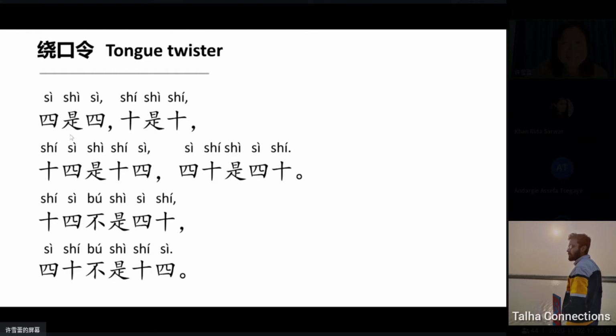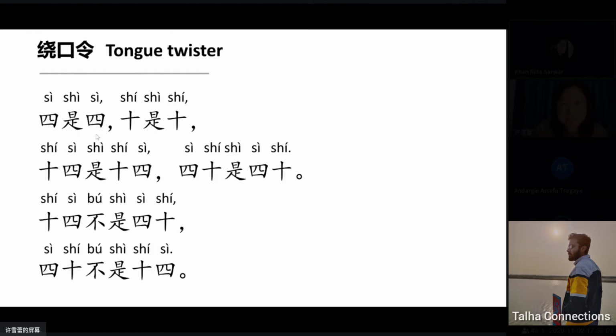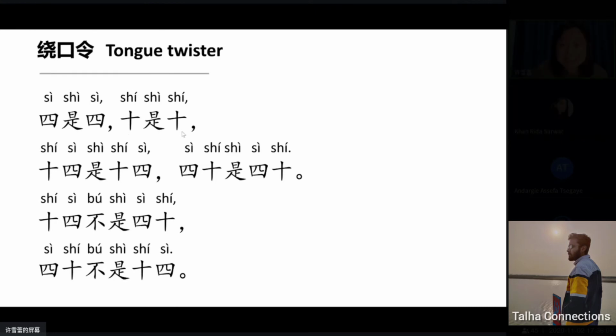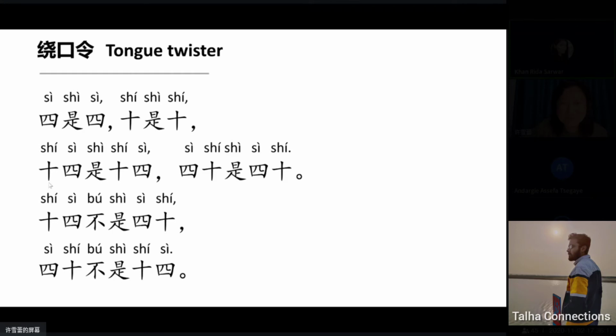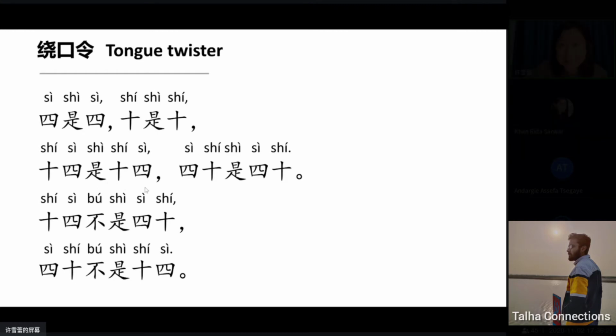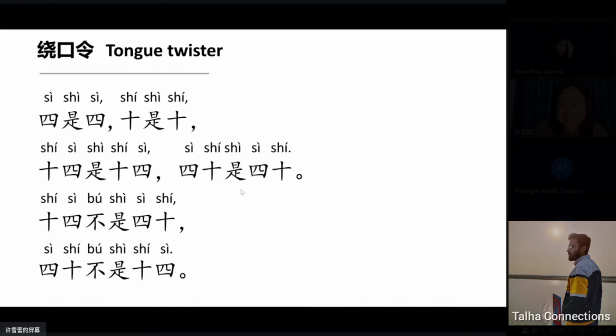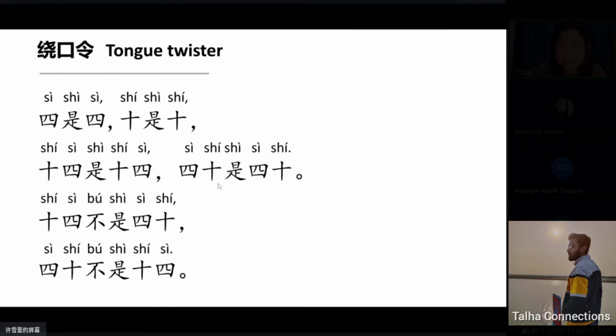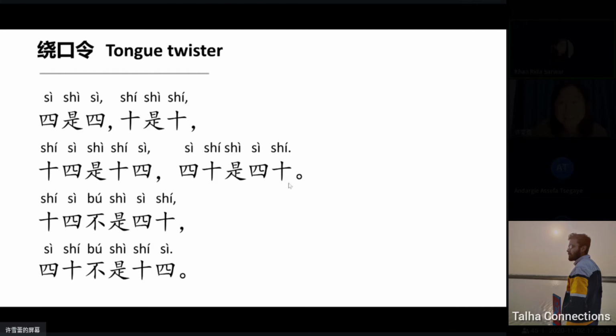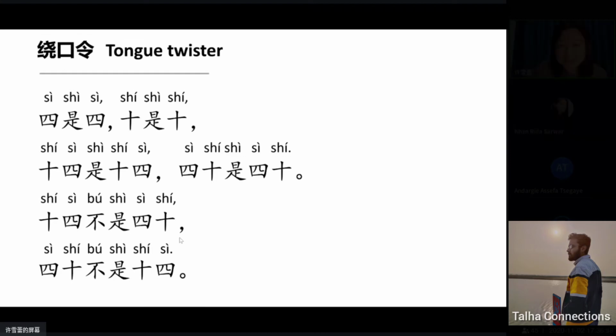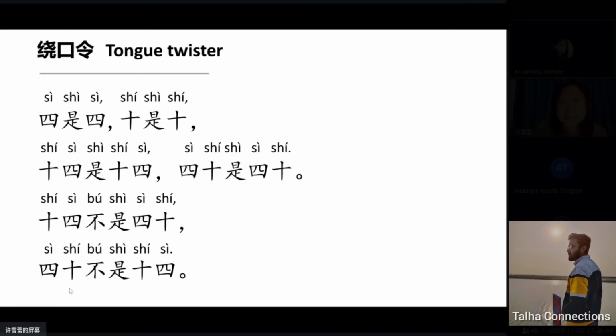One more time. 10是10. 14是14. 40是40. Okay, slow down. 40是40. 14不是40. 40不是14.